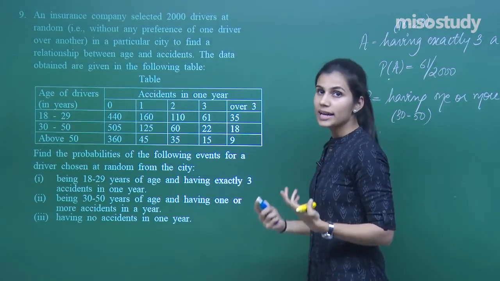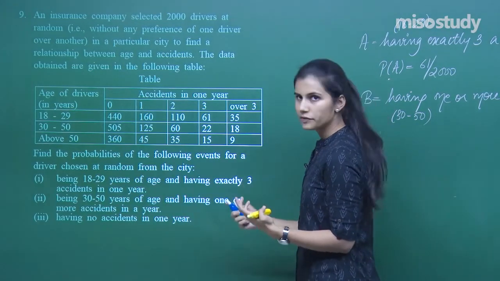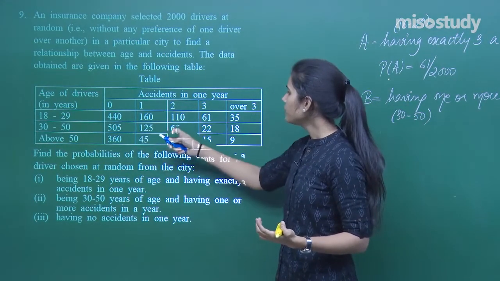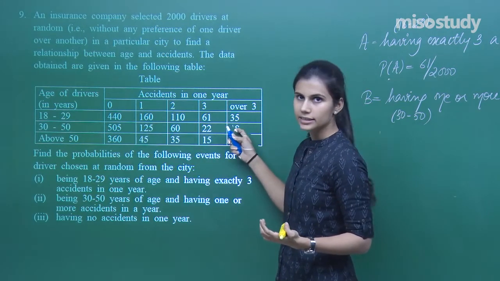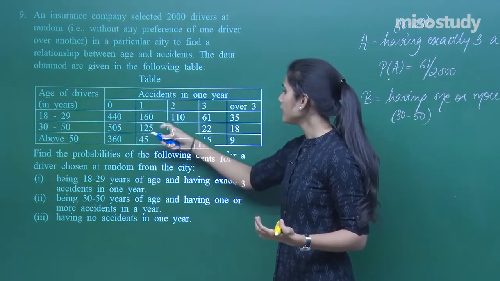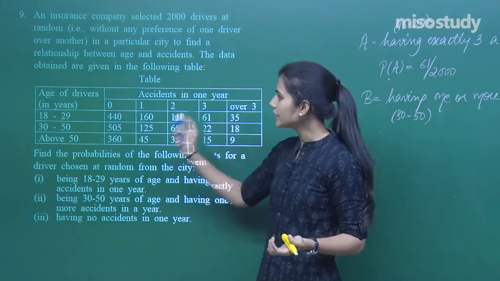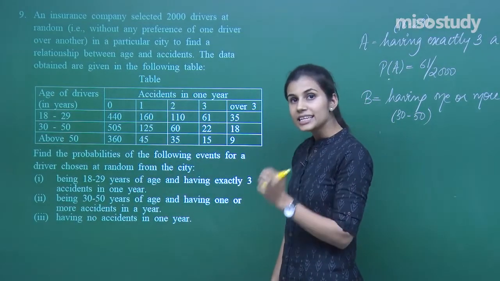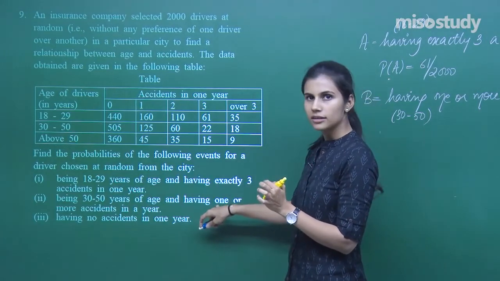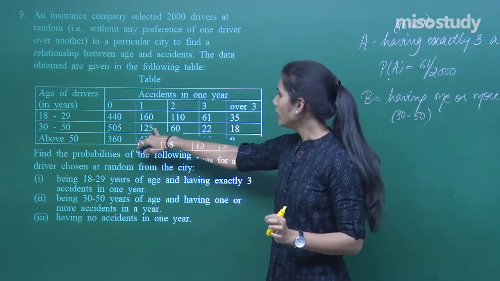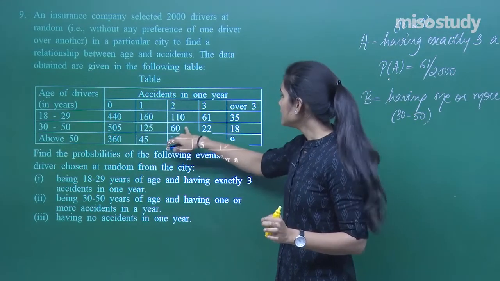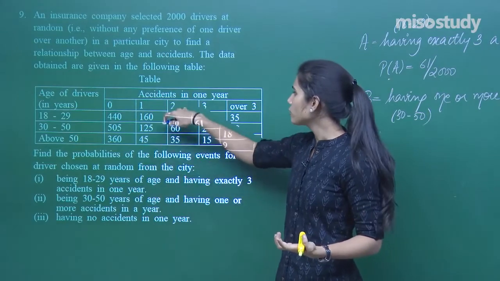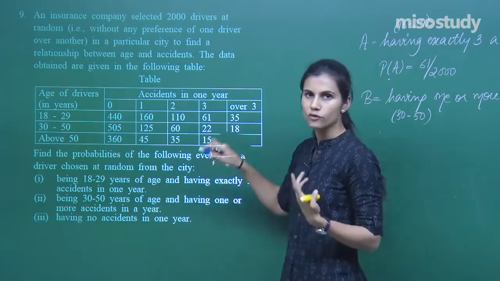So, at least 1 accident in this age group of 30 to 50 is happening with how many drivers? 125 plus 60 plus 22 plus 18. 125 have exactly 1 accident and 60 plus 22 plus 18 have at least 1 accident because 60 have 2 accidents, 22 have 3 and 18 have over 3.